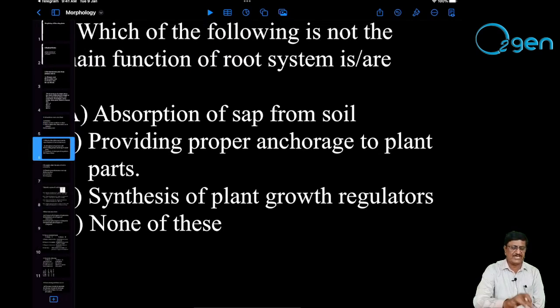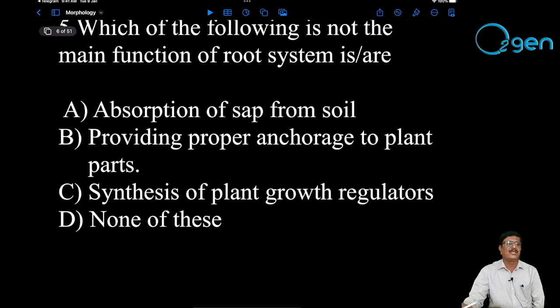The next question, the fifth question: which of the following is not the main function of the root system? The options are: absorption of sap from the soil.